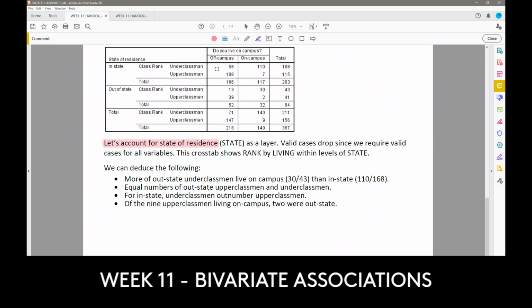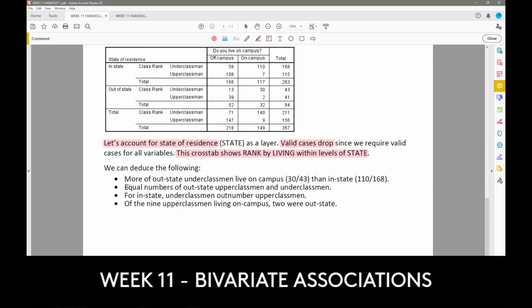Now, when you add this layer variable, you'll notice that the total number of valid cases that are produced in your table drops. This is totally normal, since what it's doing is calculating all of the valid cases across all three variables, and so respondents have to have answered all three variables to be included. So this cross tabulation here is looking at college rank by living status within levels of state.